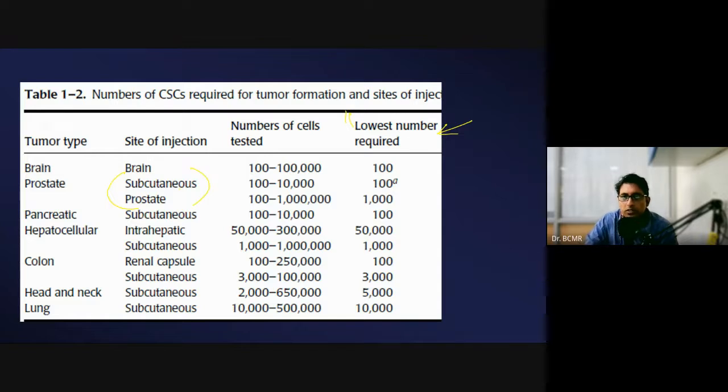Another point I brought up is about the lowest number required. If the lowest number required is less, that would mean that the proportion of cancer stem cells in that tumor is high. Okay, that's the meaning of it.